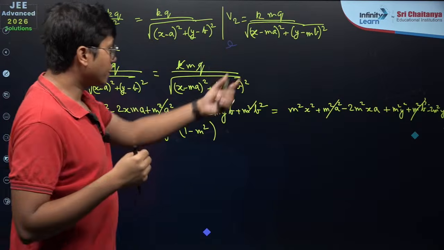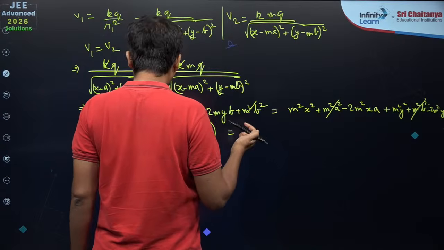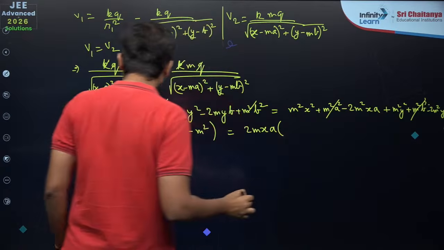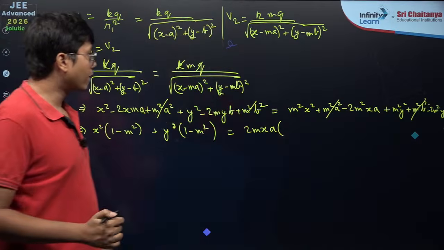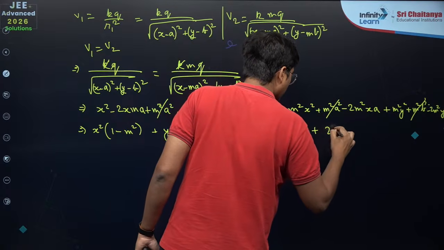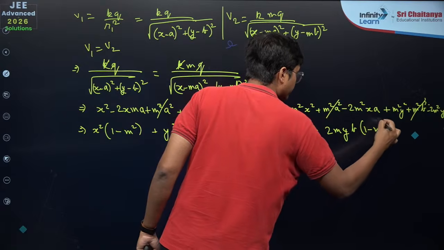And these terms we send over to that side. So 2mxa, I send it over, so I'll have (1 minus m). 2myb, again (1 minus m).